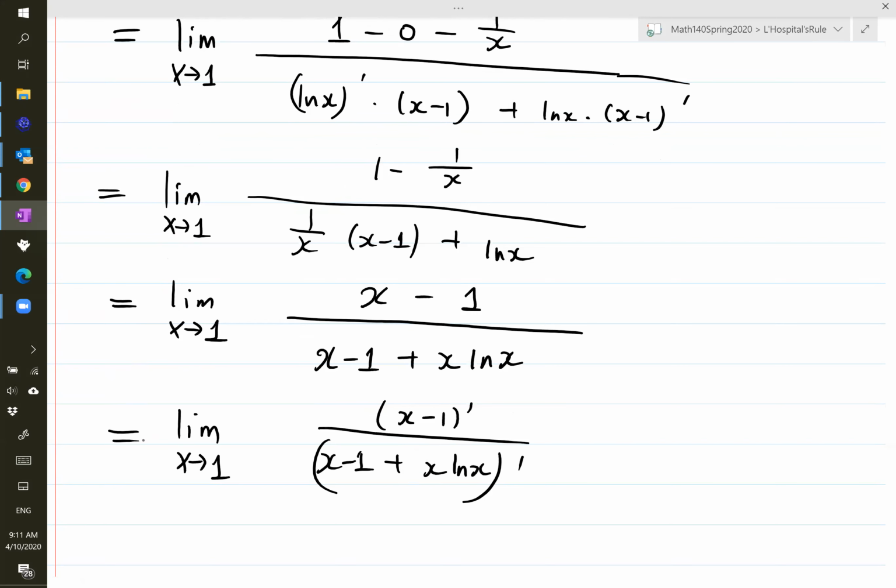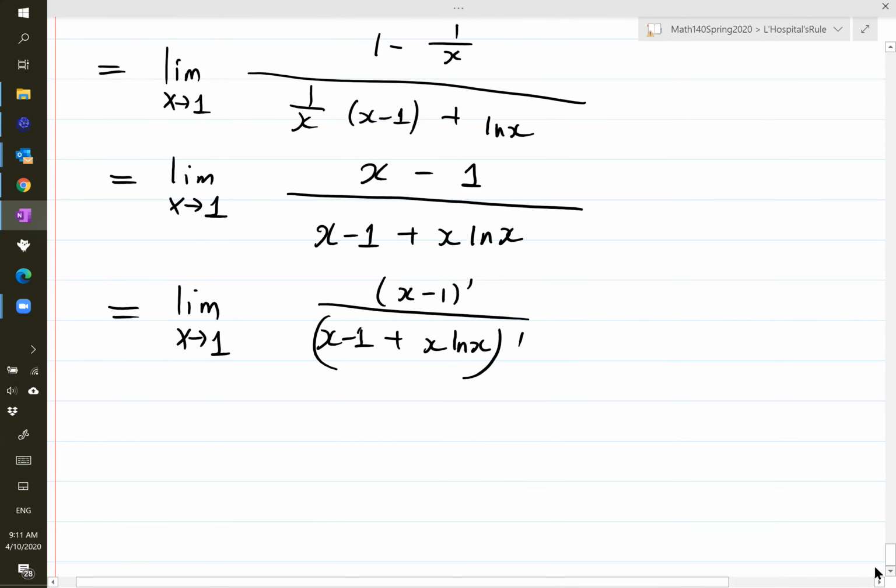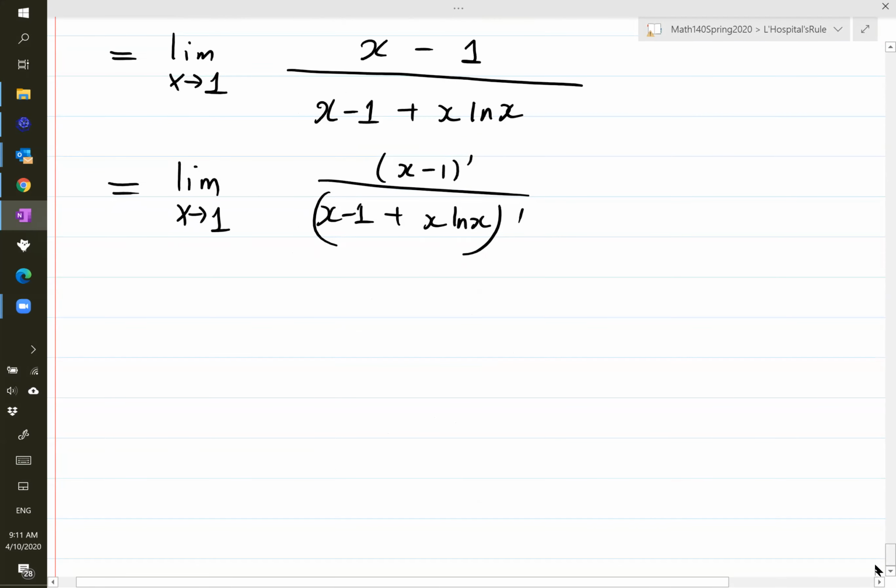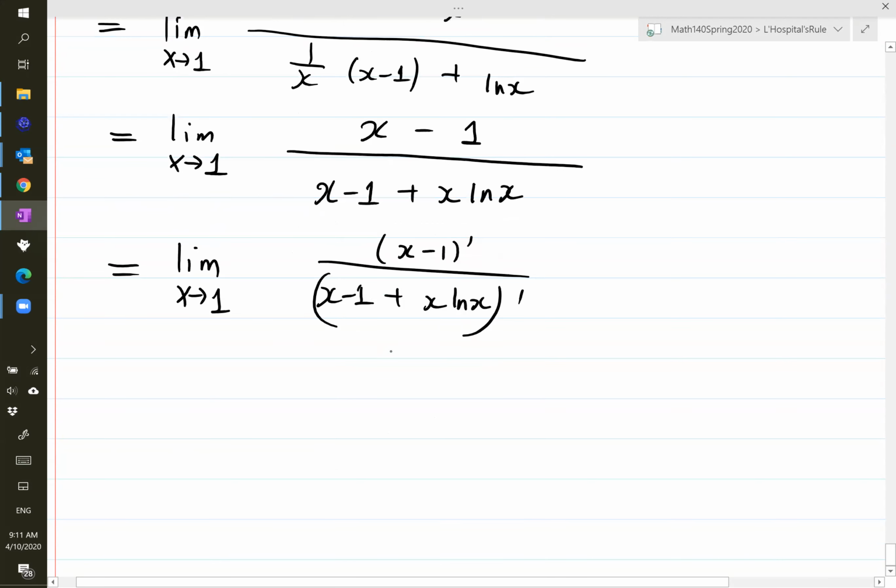Then you do a little algebra. The derivative of x minus 1 gives you 1. The derivative of x is 1, the derivative of 1 is 0. Then plus x times the derivative of ln x, which is x times 1 over x.